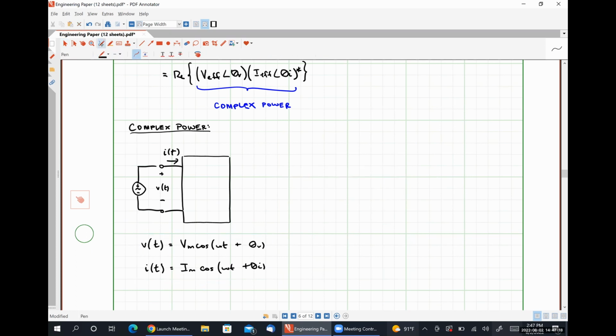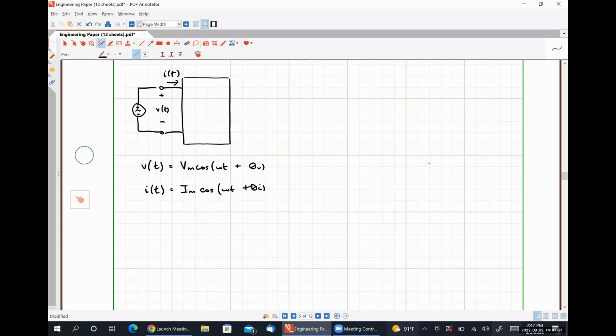We're going to call this our time domain representation. I've learned that we can easily convert our time domain signals into the frequency domain by using phasors, where we would have a phasor voltage V is equal to Vm angle theta V, and we would have a phasor current I that is simply Im angle theta I, where this is our frequency domain representation.